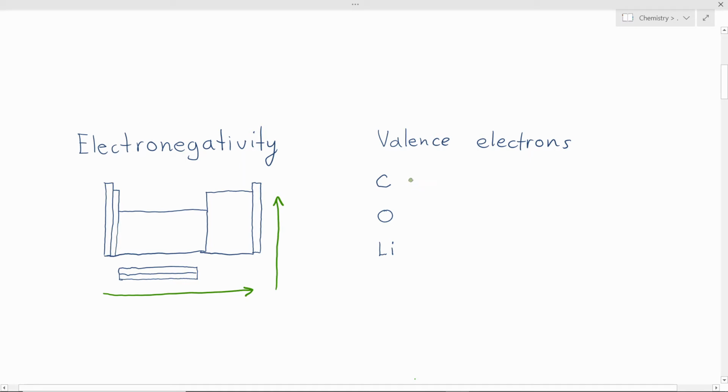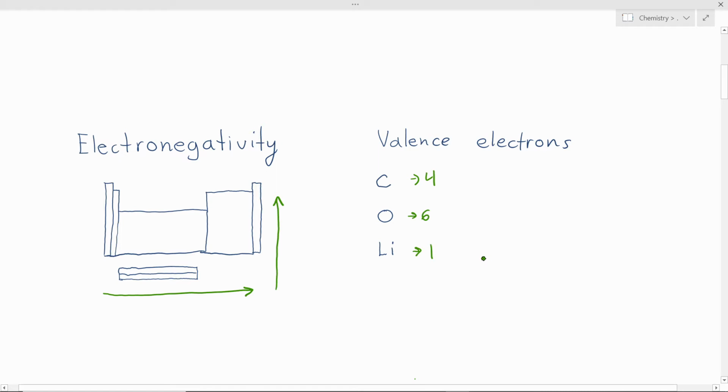So for example, if we wanted to find how many valence electrons carbon has, it would have 4, because it is in group 4 of the periodic table. For oxygen, this would have 6 valence electrons because it is in group 6. And for lithium, because it is in group 1, it would have 1 valence electron.